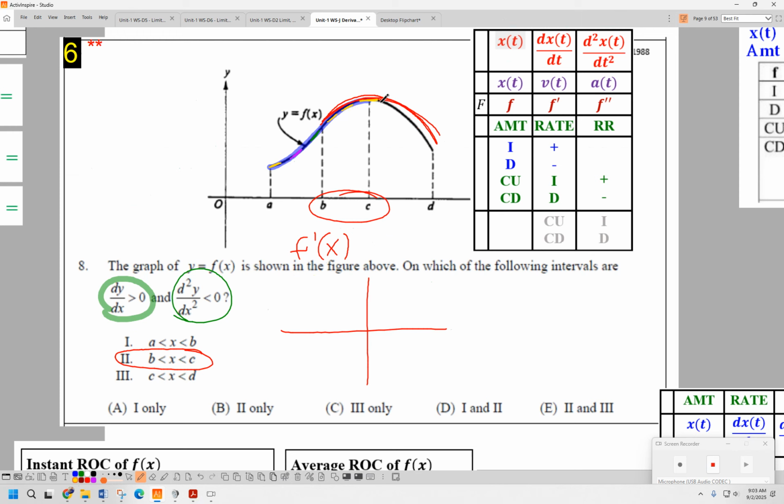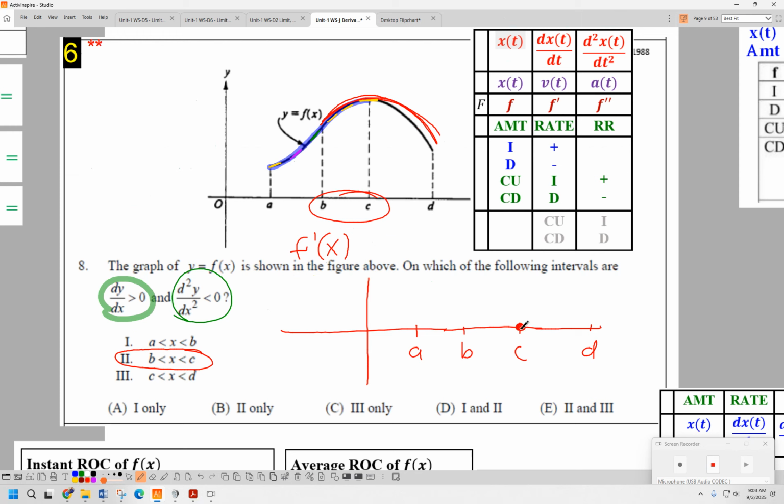So I'd probably start with the fact that at x equals c, wherever that is, so we've got a, b, c, and then d. The slope of f at x equals c is 0. So if I were graphing f prime, I'd put a dot right there.